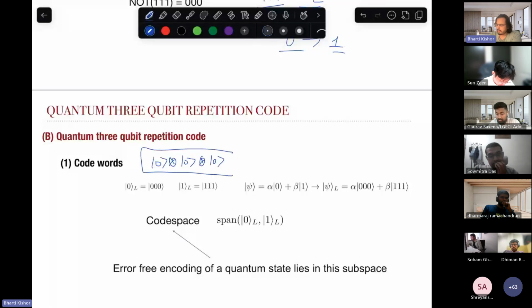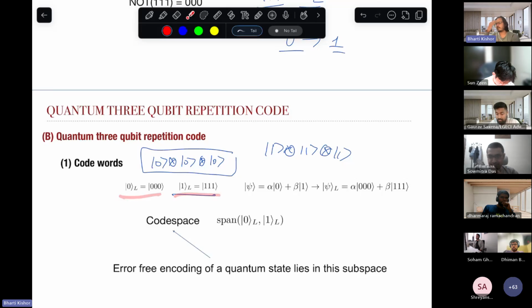The one logical is basically 1 tensor 1 tensor 1. So you're doing the same as the classical repetition code. You are just repeating and using that to encode. So that's your zero logical and one logical.